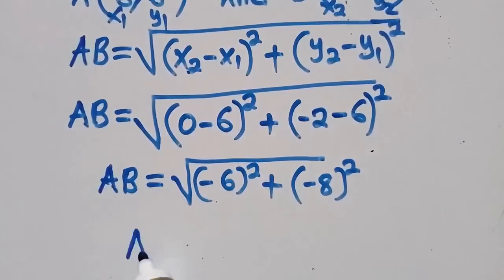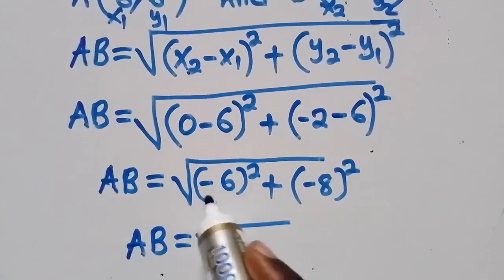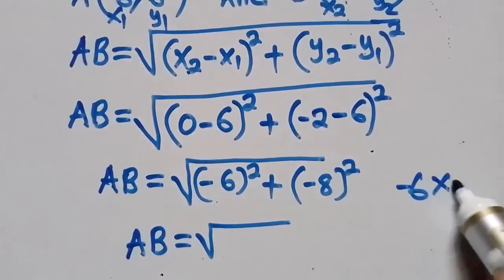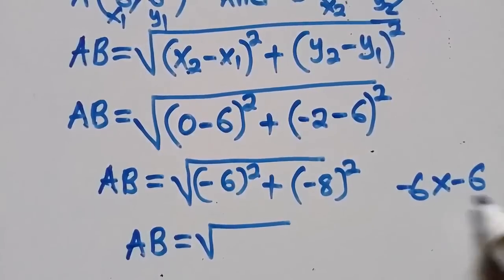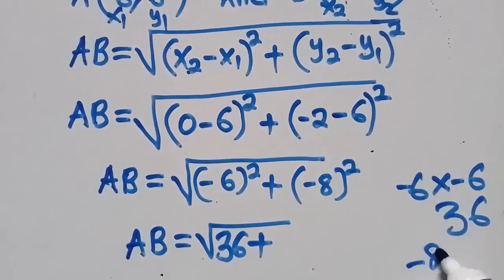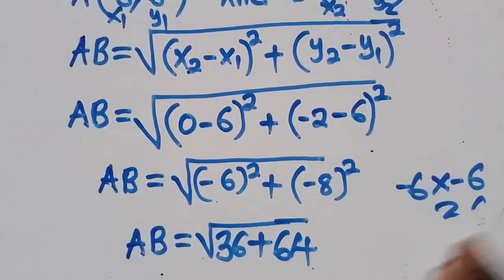Here you continue. AB is equal to the square root of... what is -6 squared? That means -6 times -6, which is positive 36. Plus -8 times -8, which is 64.